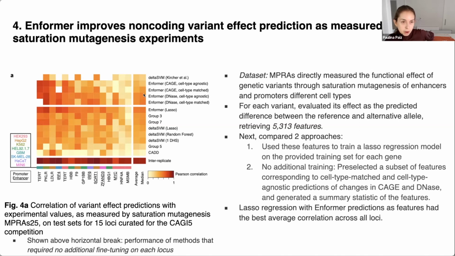From the methods that require no additional fine-tuning, Enformer performs the best. And when it's fine-tuned to the data of the MPRA experiment used for this validation, Enformer with lasso regression had the best average correlation across all loci of the promoter and enhancer pairs.